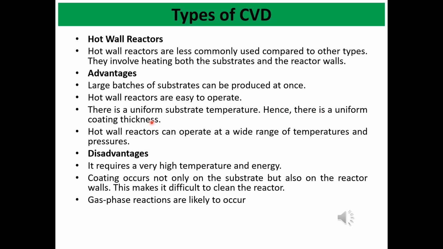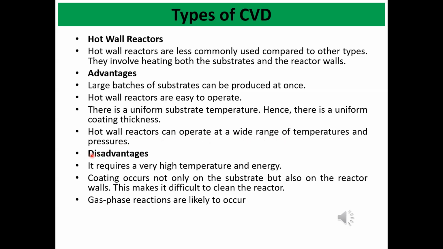So in case of hot walled reactors, the substrate temperature is uniform, and when the substrate temperature is uniform, we obtain thin films of very uniform thickness. Hot walled reactors can operate at a wide range of temperatures and pressures.